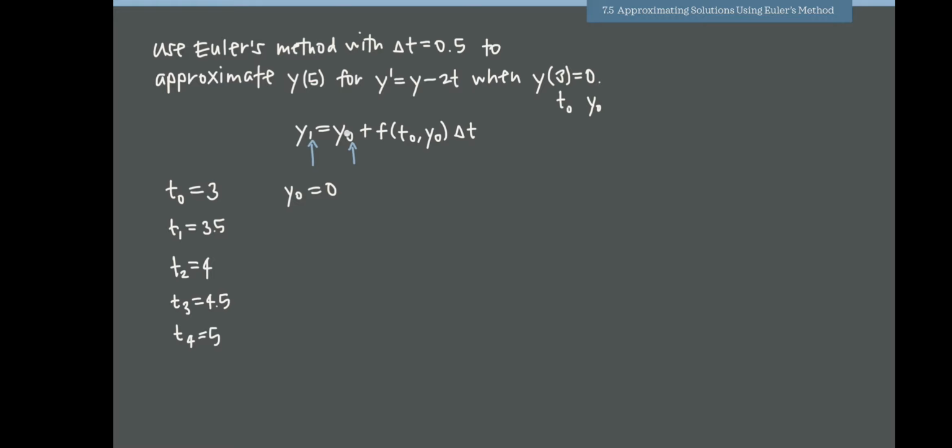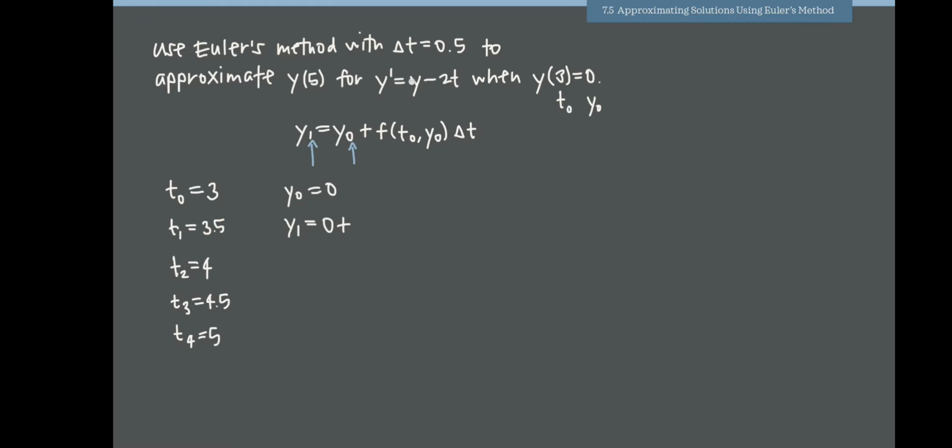Now we can start implementing our formula. So we're going to say y sub 1 is going to be dependent on our previous two values, 3 and 0. So notice here that we're going to use the previous y, which was 0, so we get 0 here, plus then this f of t sub 0, y sub 0 means that we're evaluating our differential equation at the point 3, 0, or the coordinate pair 3, 0.